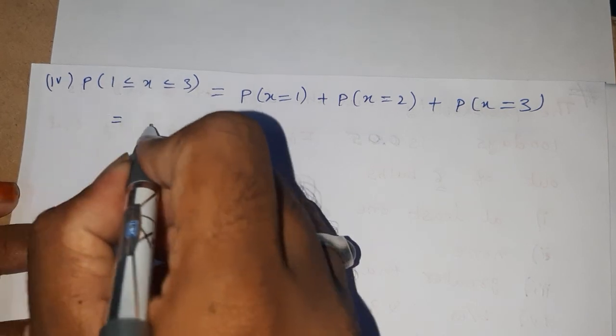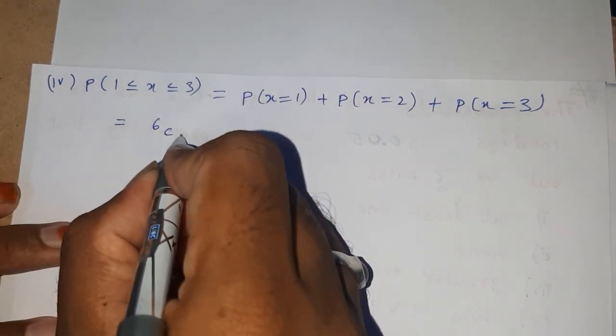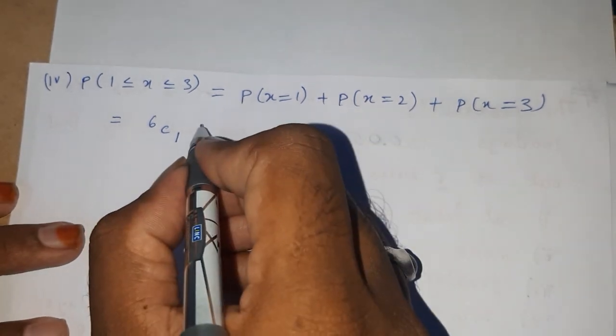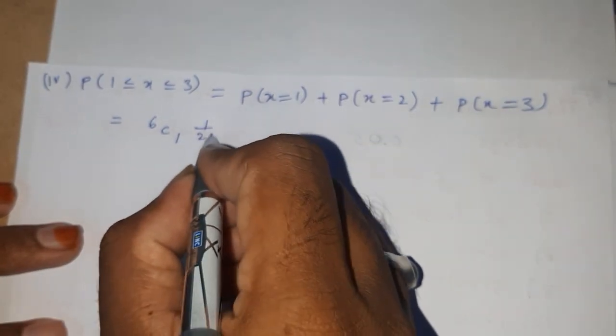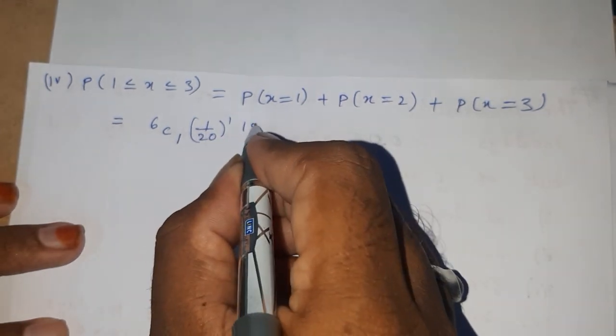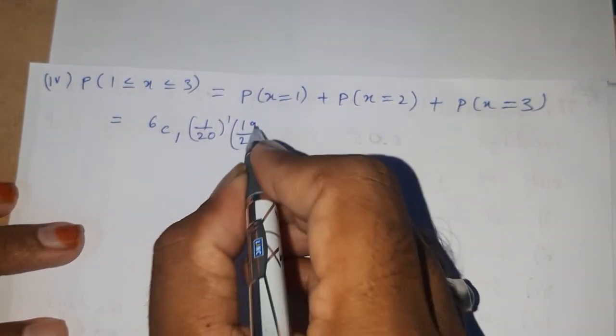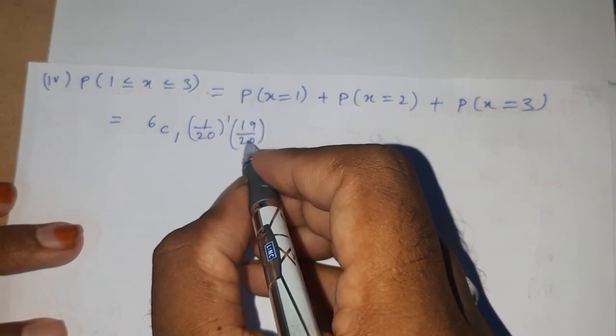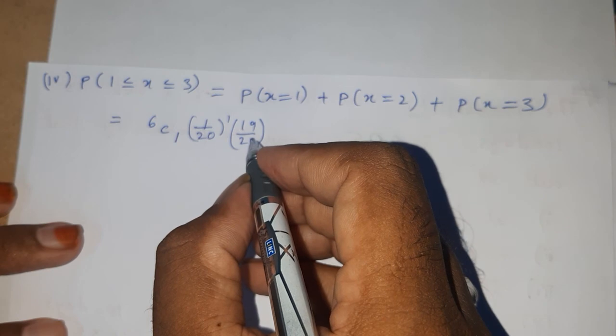That is 6C1 times (1/20)^1 times (19/20)^5, where 19/20 is the probability of failure, which is nothing but 1 minus 1/20.